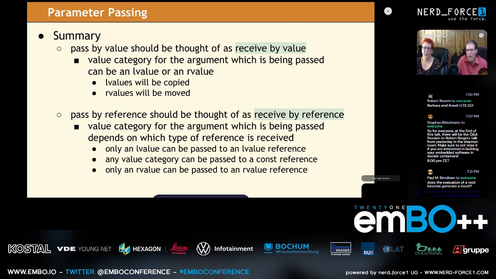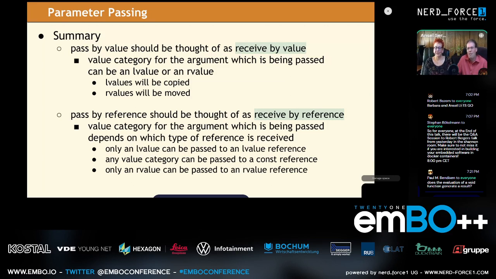So if you have a receive by value, it will accept either value category and do something different in each case. If you're receiving by reference, it's more complex to understand the meaning of the code because the required value category varies depending on the qualifiers you put on the reference. If you're receiving by L value reference, then the thing which is passed to you must be an L value. If you're receiving by const reference, then the thing which is being passed can be either value category.